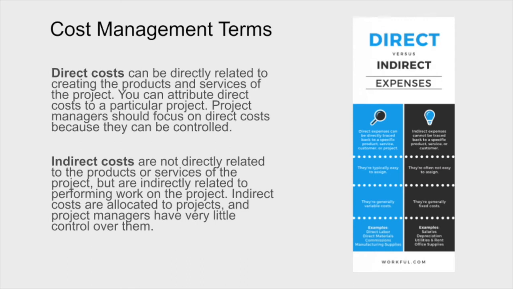Indirect costs or indirect revenues are not really directly related to the products or services that we sell, but have some expense. Office staff, for example, don't really produce product, but they are very important to make sure that the company works. So the cost of running an office is very much an indirect cost to the cost of production.